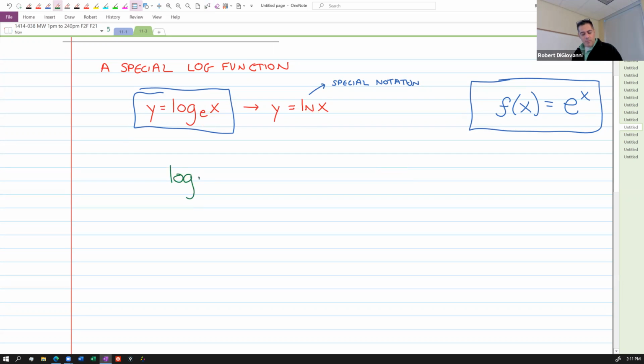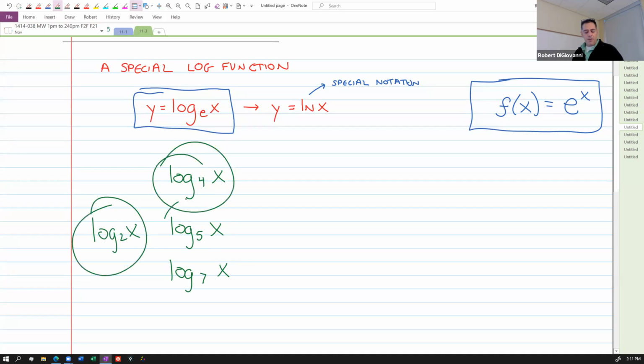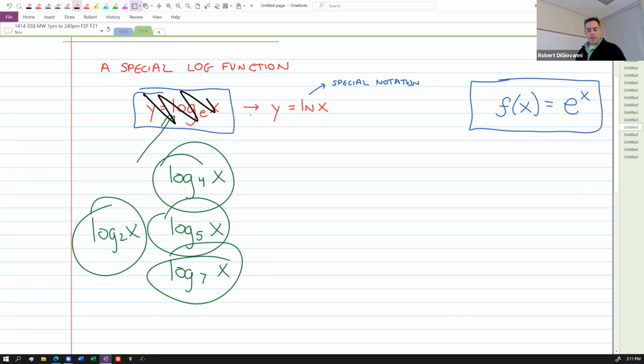Up to this point, if I wanted to write a log function, I explicitly need to put the base down there for you. I tell you what the base is. Yes, log base 2. These are all log functions, and the base is very easy for you to see: 4, 5, 7, 2. If I wanted to do log base e, that's what I should write, yes? But we don't write that. Instead of that, we write this.